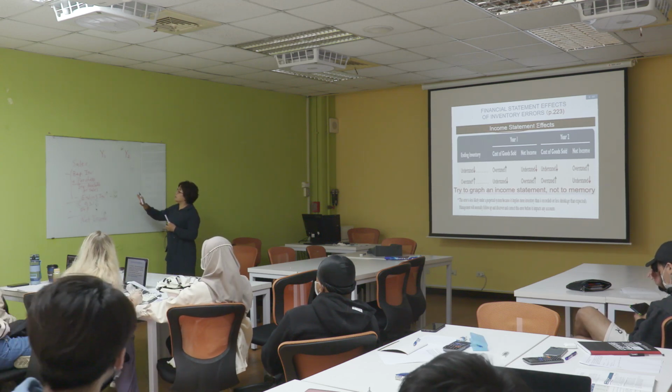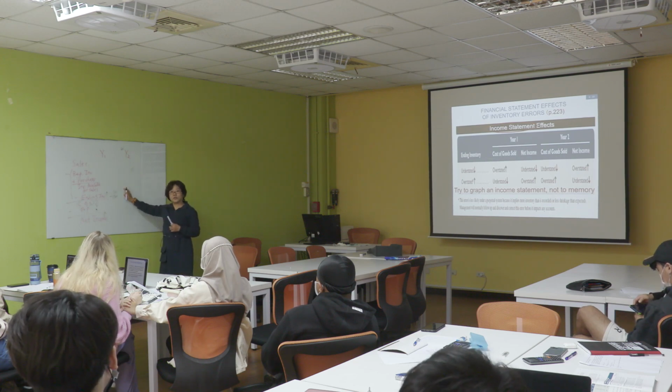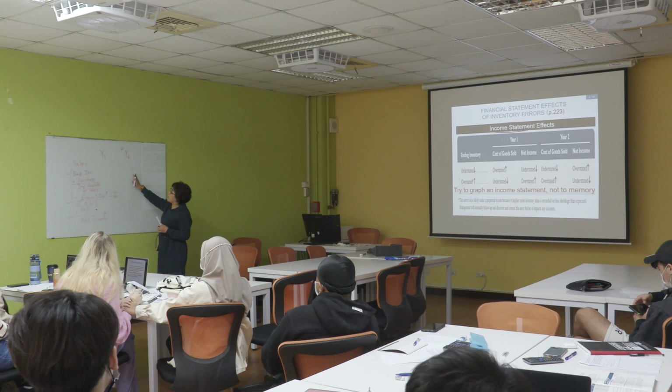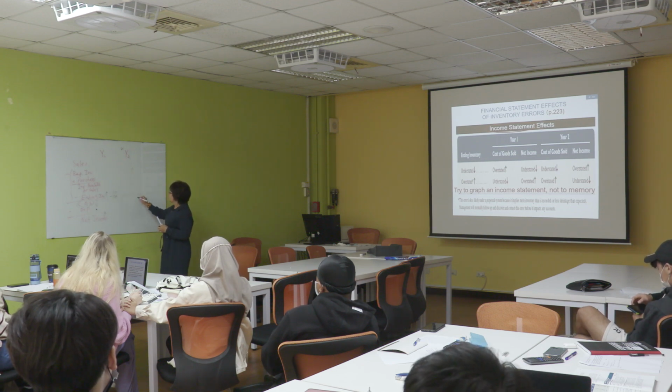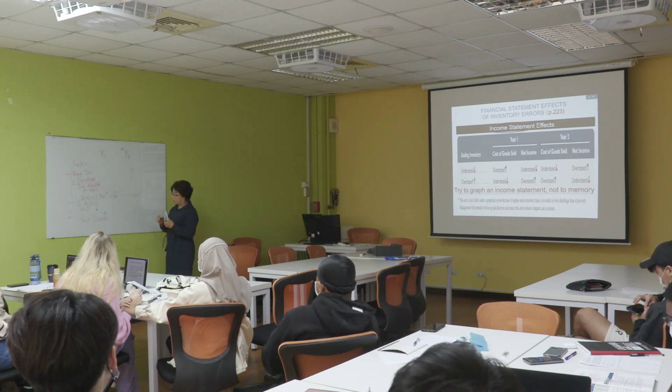Assume the year two ending inventory is correct. In that case, your cost of goods sold goes up, and then your net income is understated.